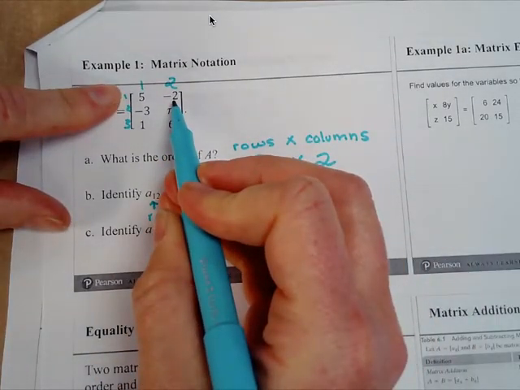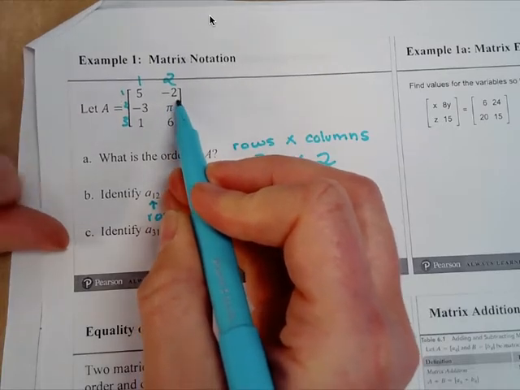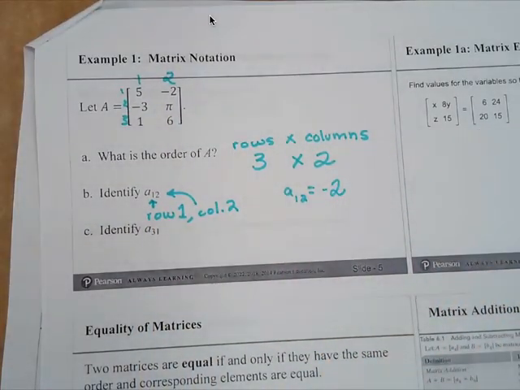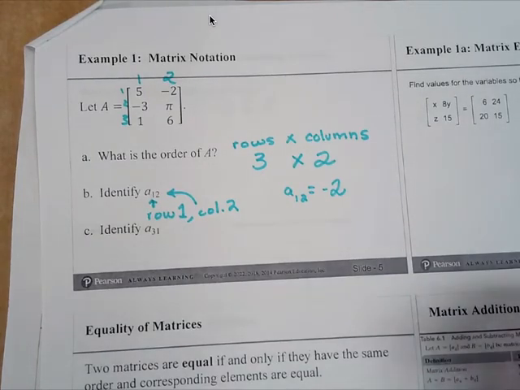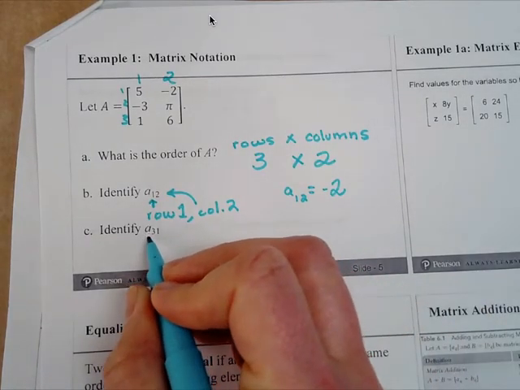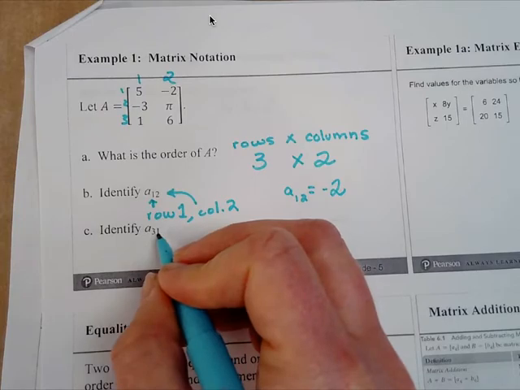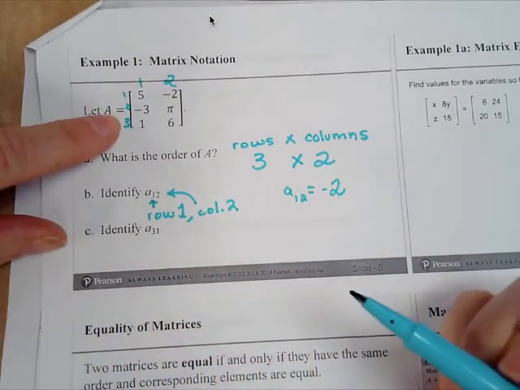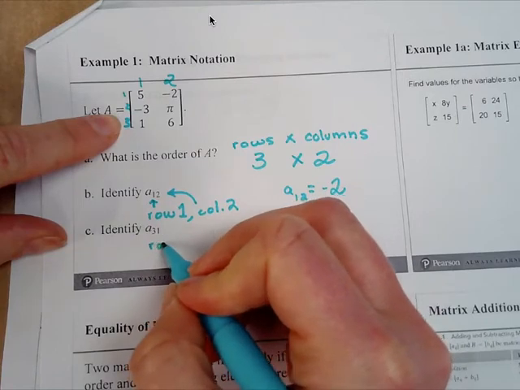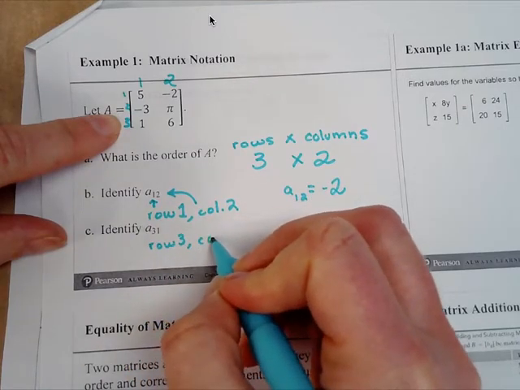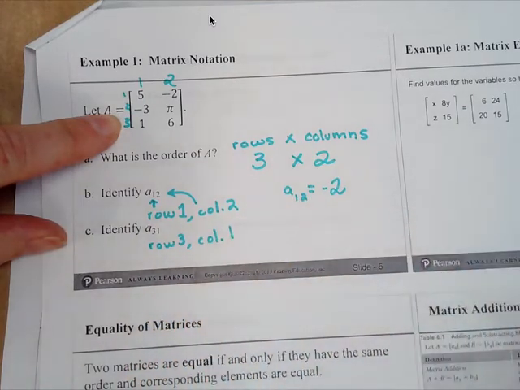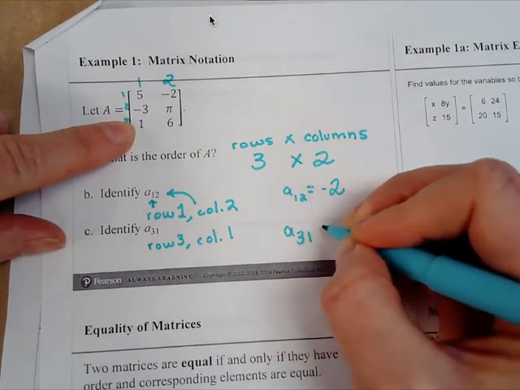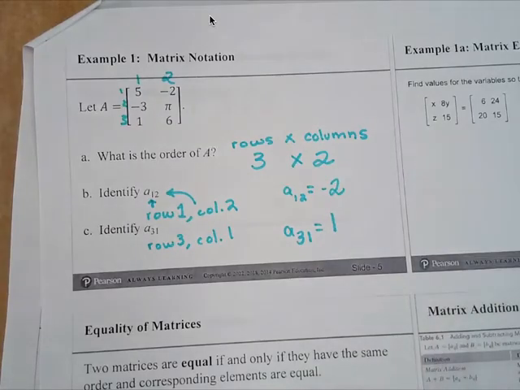So that's negative 2. Identify A3,1. So that's row 3, column 1. Row 3, column 1. So A3,1 would be 1.